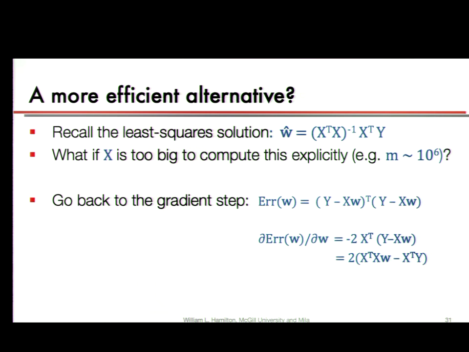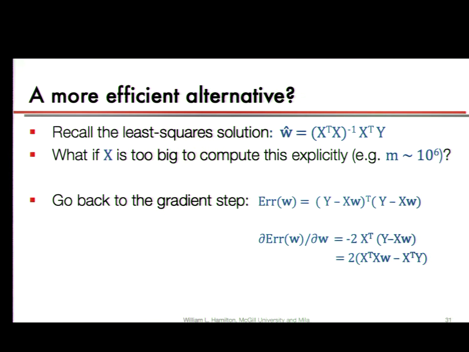In this case, we were able to explicitly compute the exact optimal parameter vector given our loss function. But this is not always going to be the case. And X can also be so big that it's ridiculous to try to compute this closed form solution explicitly.